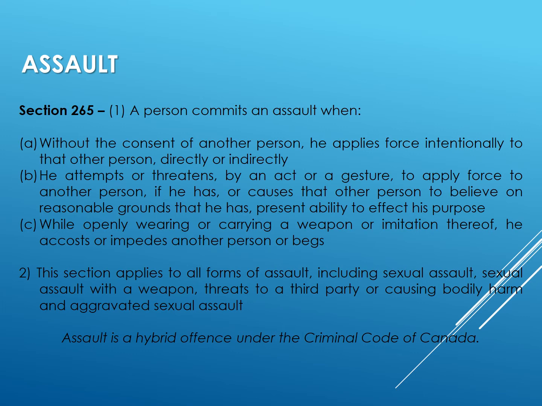C. While openly wearing or carrying a weapon or imitation thereof, he accosts or impedes another person or begs. 2. This section applies to all forms of assault, including sexual assault with a weapon, threats to a third party, or causing bodily harm and aggravated sexual assault. Assault is a hybrid offence under the Criminal Code of Canada.